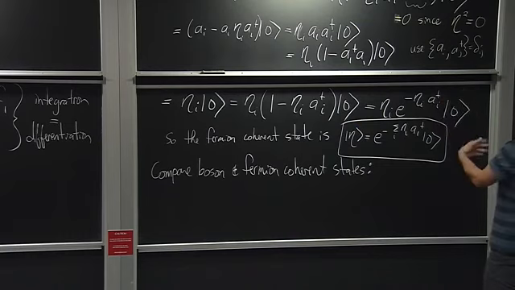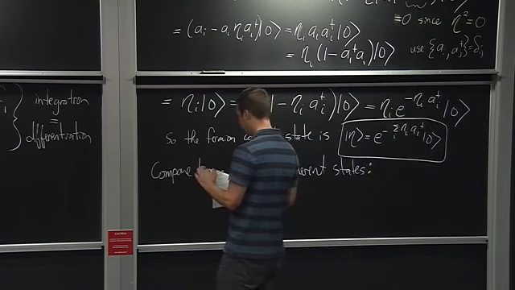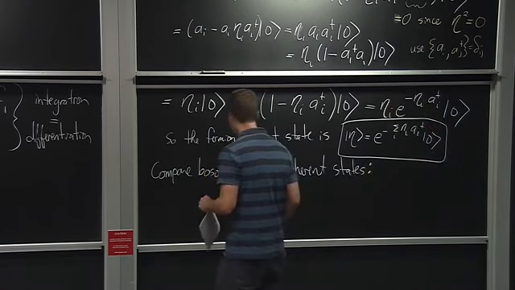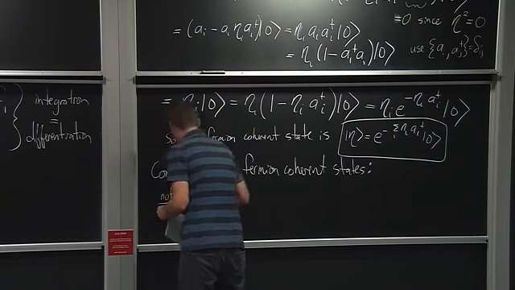The form of the coherent state functionally looks the same. It's constructed to basically look the same. So most properties carry over. Note a few peculiarities with the fermions.